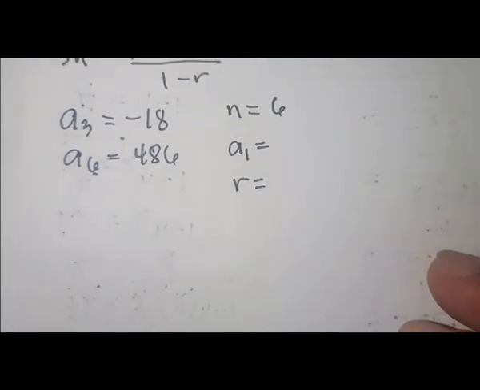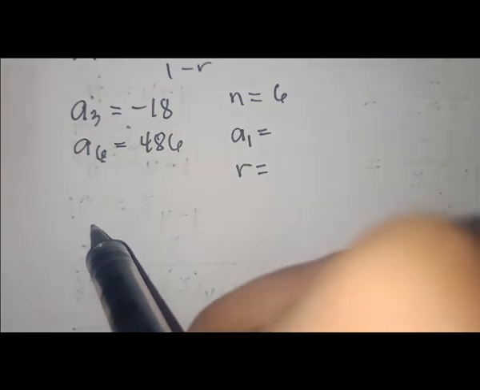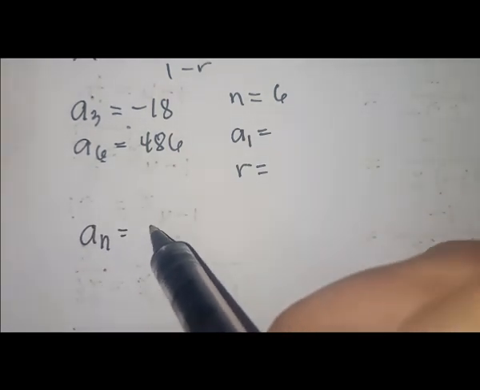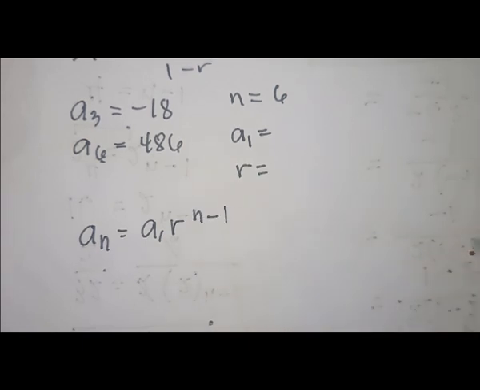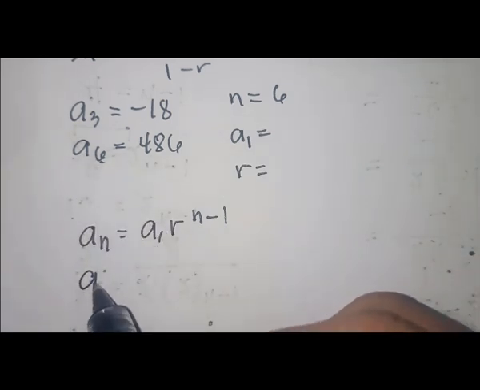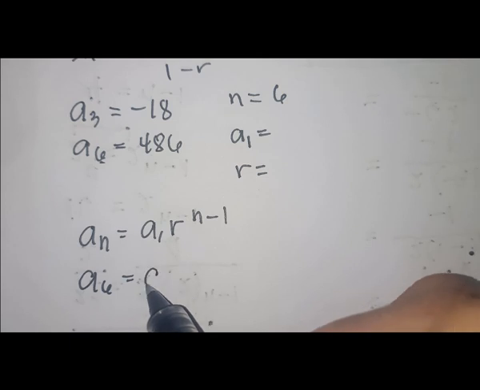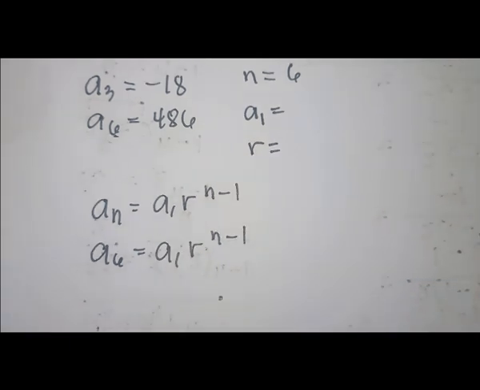Solve natin sila using the formula ng geometric sequence, which is a sub n is equal to a sub 1 times r raised to n minus 1. Okay? So, ang a sub n natin, which is the last term, which is a sub 6, is equal to a sub 1 times r raised to n minus 1.